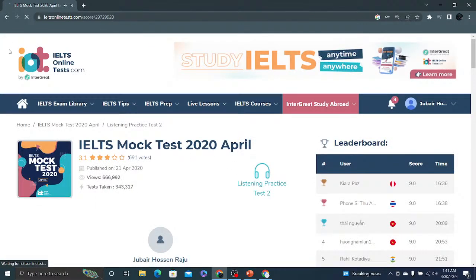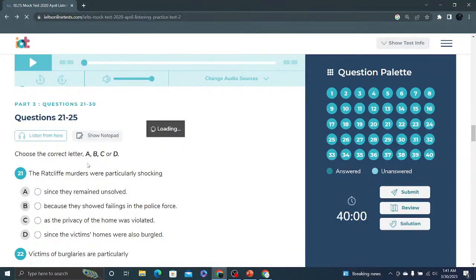Oops, we are out of time. I need to restart it again. Okay, so I hope you got the answer. As she was saying, the murderer or murderers, since there may, as you know, have been an accomplice, invaded the sanctity of their victims' homes to commit truly horrendous crimes. Okay, so let's read the question.